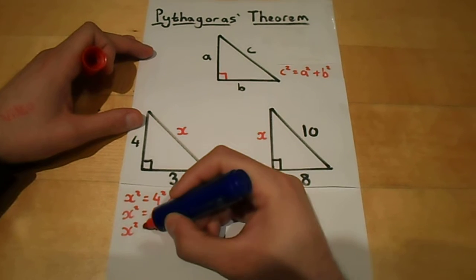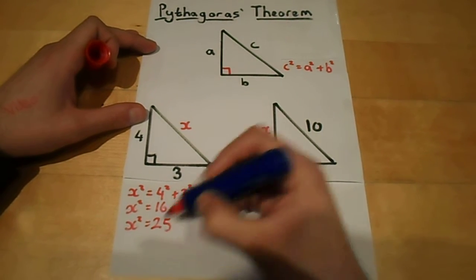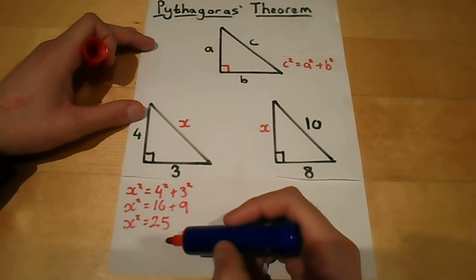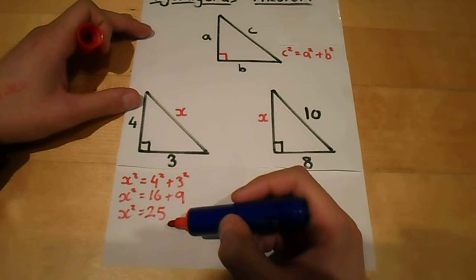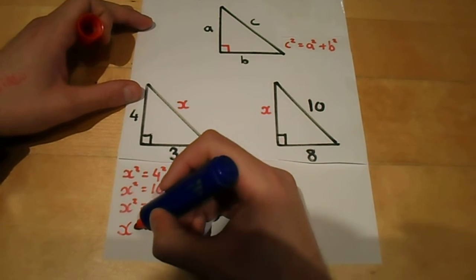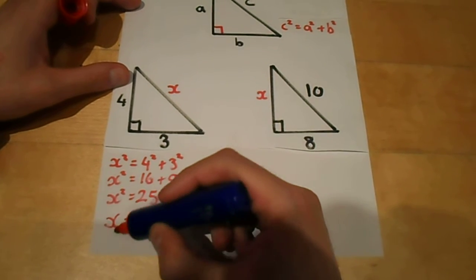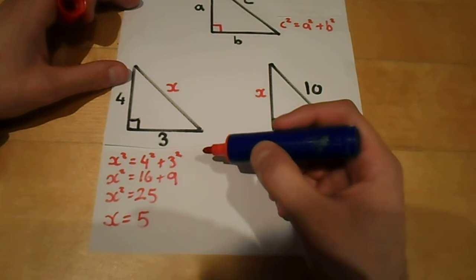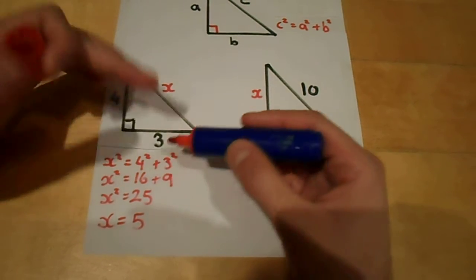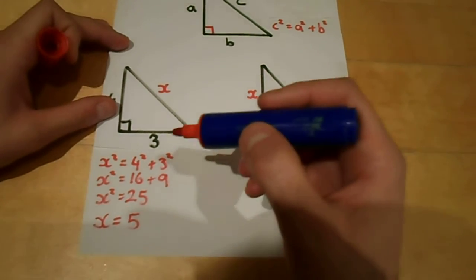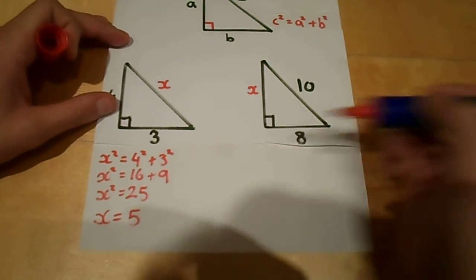And we also know that 16 add 9 is 25. So if x squared is 25, what that means is that x is 5. Do not forget that you have to square root it to find out what x is, because that's quite a common mistake. And another common mistake is adding these numbers before squaring them. You have to square them and then add them.